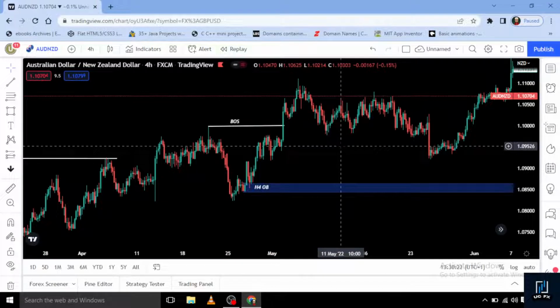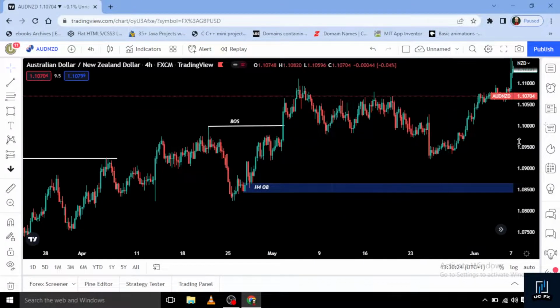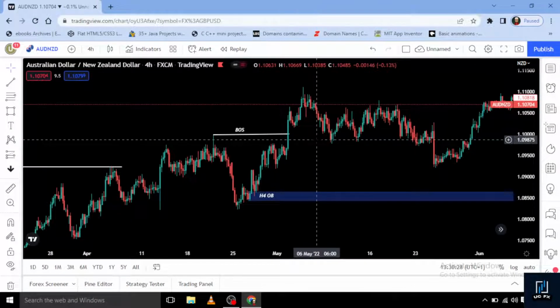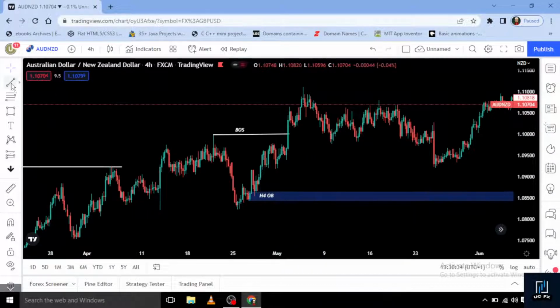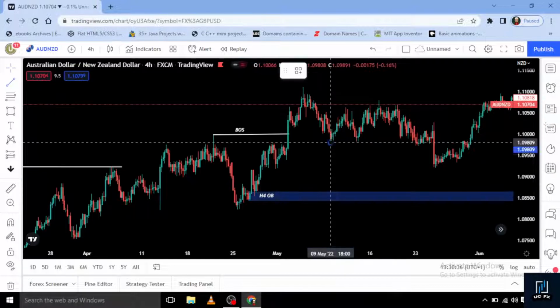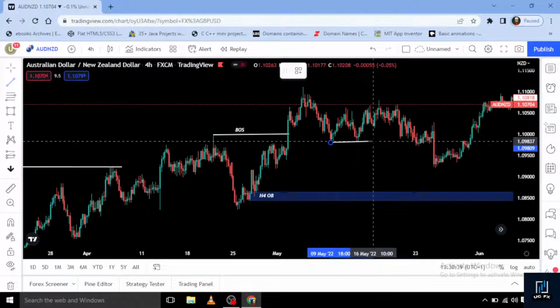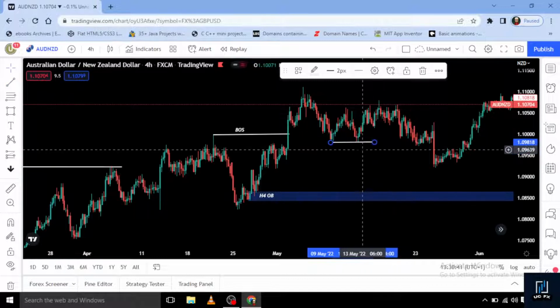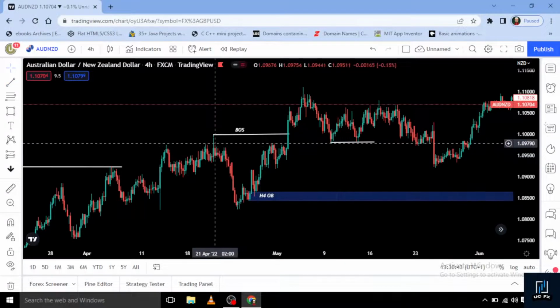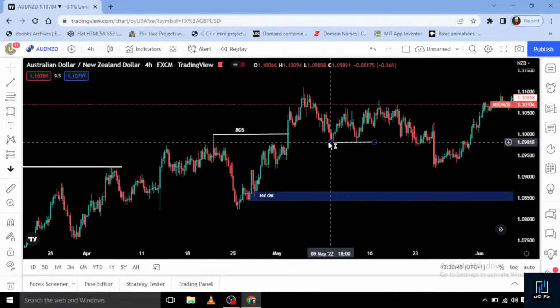And what next? After a break of structure, you will wait for price to return to your order block. Just like I said, before price returns to your order block, you need to see liquidity. So here we have liquidity in form of equal lows. Just like I explained on the sketch, many traders will think that this is actually a breakout and retest.